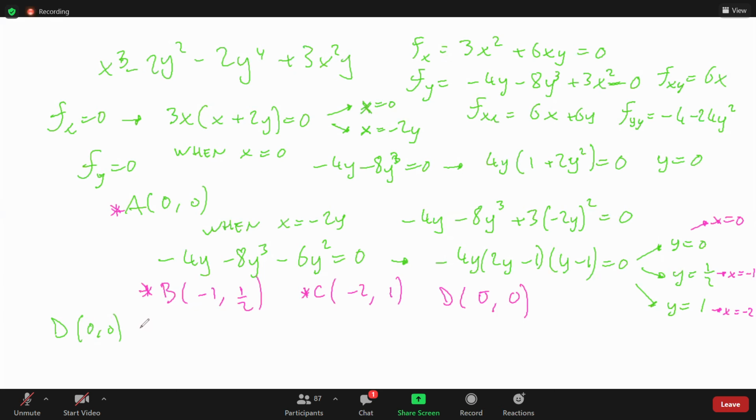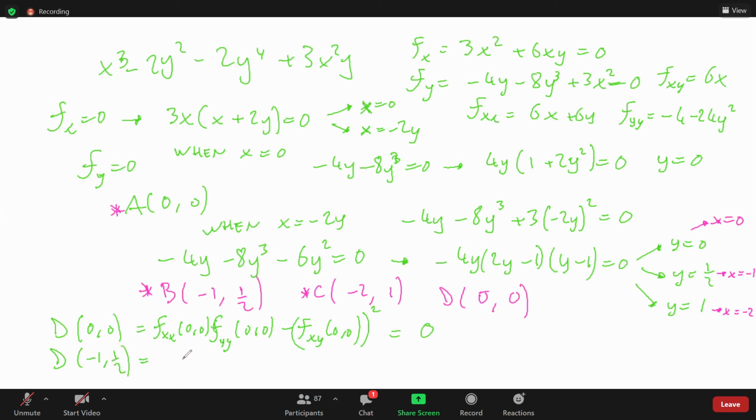We know that the equation of the discriminant is fxx at 0, 0 times fyy at 0, 0 minus fxy at 0, 0 squared. So the discriminant at 0, 0, fxx is 0, fyy is negative 4, and fxy is 0, so this gives us 0.